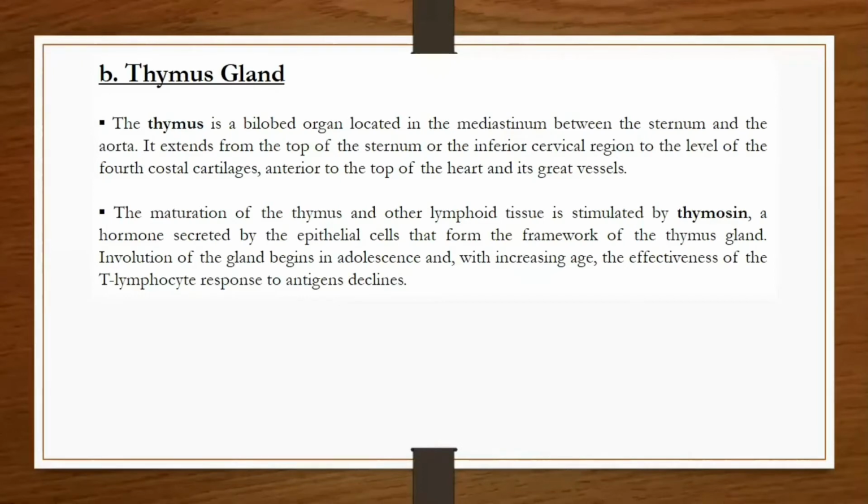T-cell progenitors migrate from the bone marrow to the thymus, where thymic stromal and epithelial cells guide their development. Like other lymphatic tissues, the thymus has distinct regions called the cortex and the medulla, which correspond to different stages of T cell development.